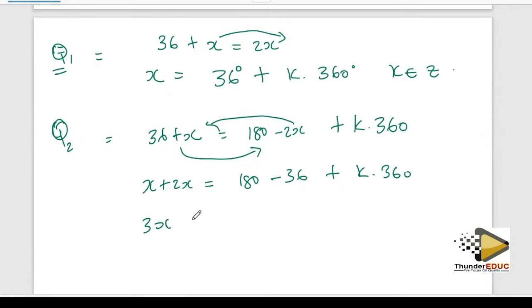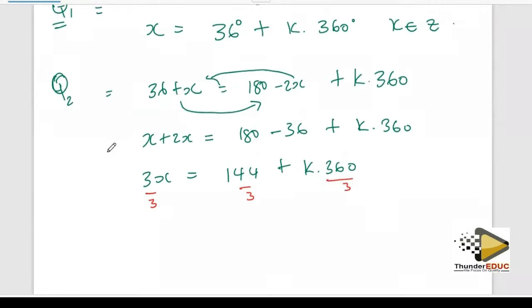So this is going to be 3x is equal to 180 minus 36, which is 144, plus k times 360. Then I can divide through by 3, and now the division affects that last part. So x is equal to 144 divided by 3, which is 48, plus k times 120. K is an element of integers.